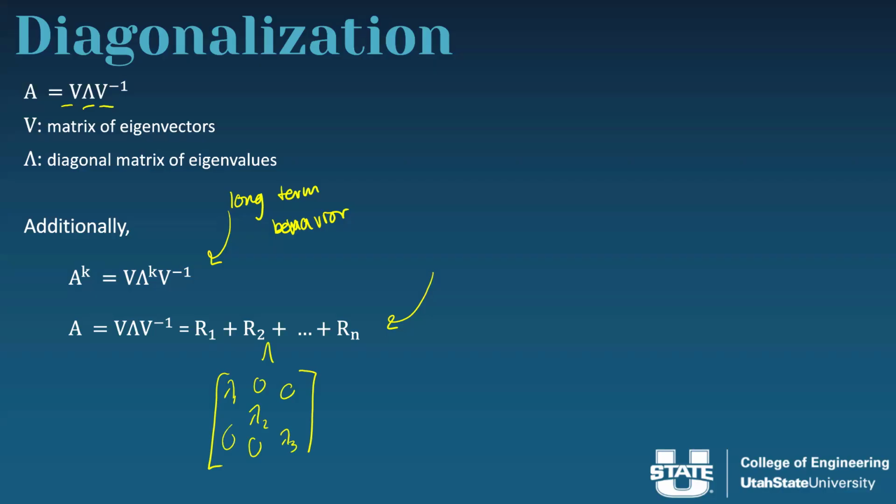The rank 1 matrix will be the matrix that comes about from multiplying the corresponding rows and columns that will be multiplied by this lambda 1, whereas the rank 2 is associated with the lambda 2, and so on and so forth. So yeah, and then we'll be able to work it out in a little bit. Yeah. But yeah, they're associated with those eigenvalues as they're placed in that lambda matrix.